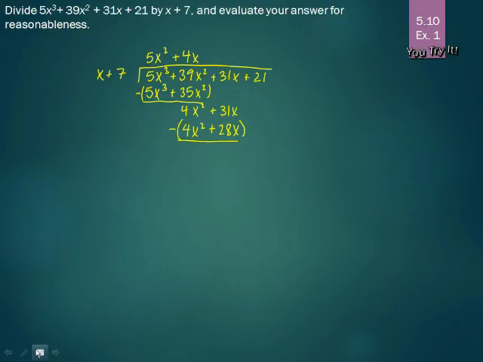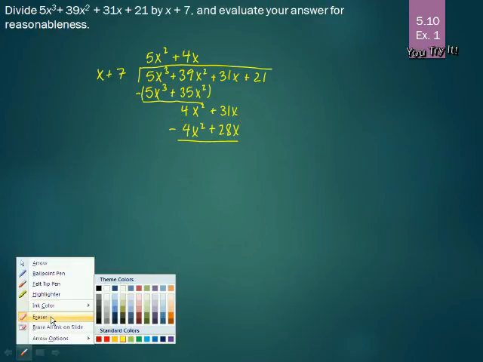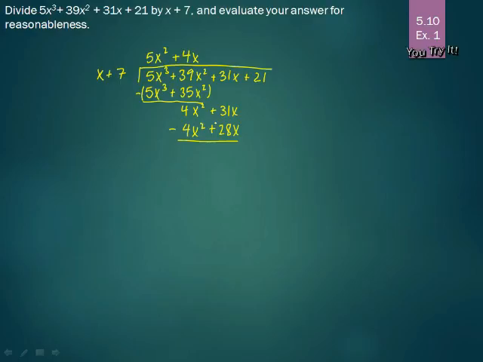If you'd like, instead of writing parentheses there, you can just put in a minus, making sure you change the sign of both terms. So 31x minus 28x gives us 3x. Then we drop down our next term, plus 21, and do the same thing.